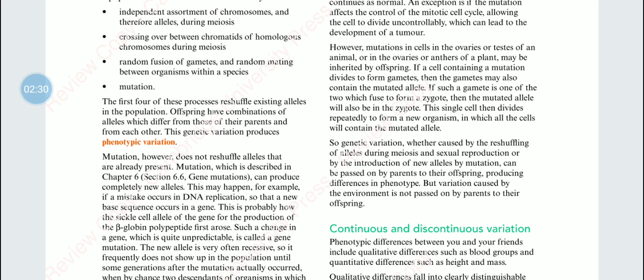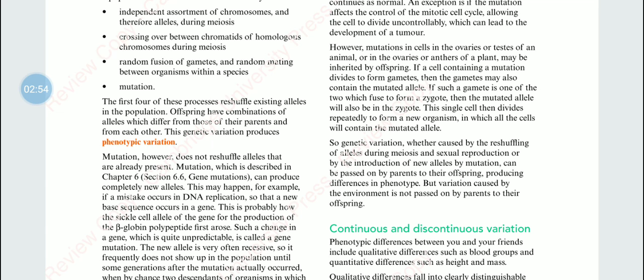When this gamete has taken part in the formation of a zygote, the mutated allele is also going to be there in the zygote. The zygote is a single cell, and it continues to divide to form the new organism, and it will contain the mutated allele.